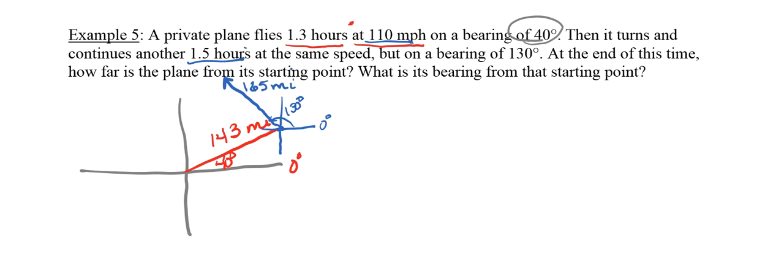And then the question says, at the end of this time, so when I get to the end of this 165 miles, how far am I from the original starting point? So you might say, well, I don't have a right angle. Let's see what we do have.